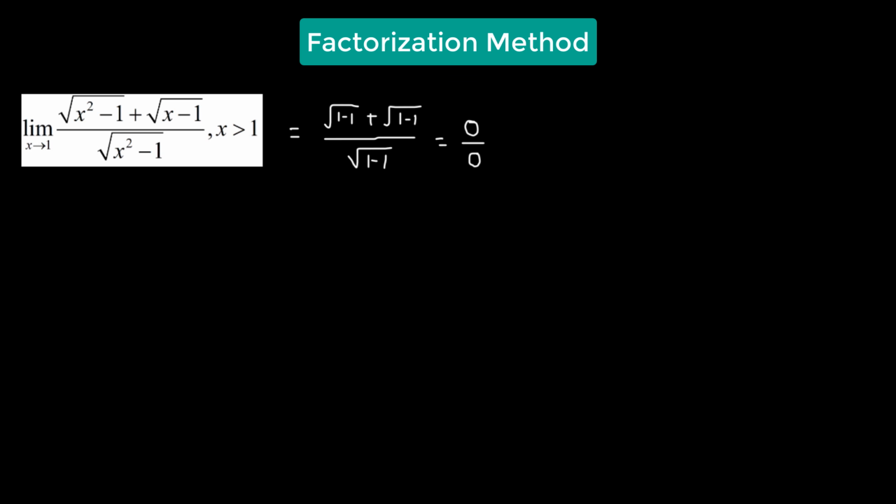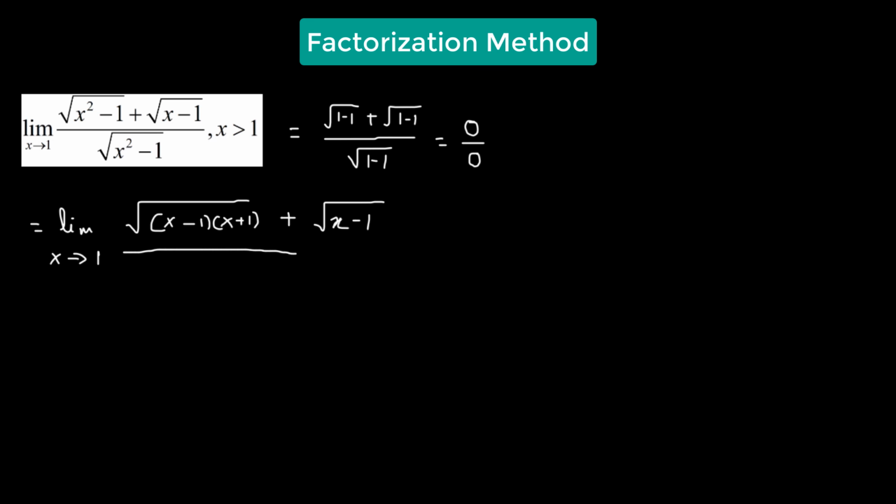So let us do some algebraic manipulation here. So we have the limit as x goes to 1. We can rewrite x squared minus 1 as (x minus 1) times (x plus 1), plus the square root of x minus 1, divided by, and we do the same thing to the denominator, the square root of (x minus 1) times (x plus 1).